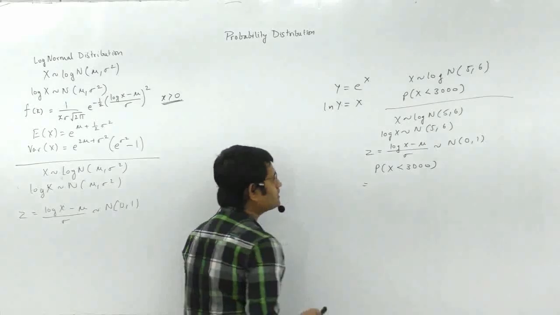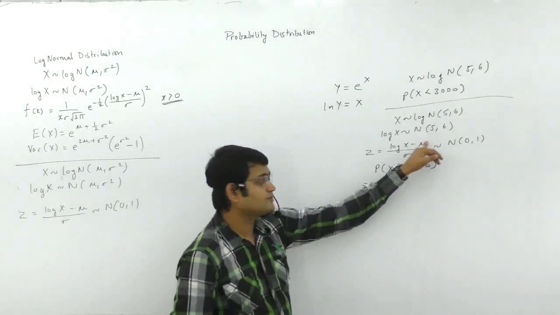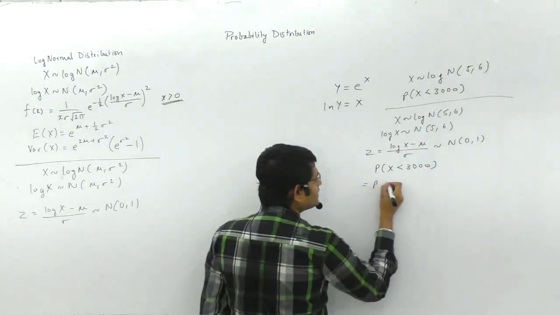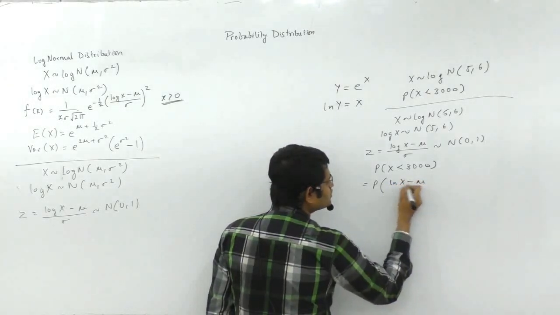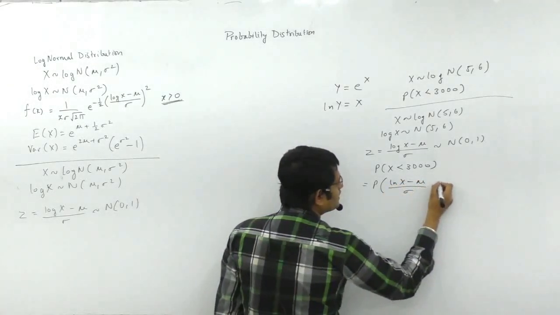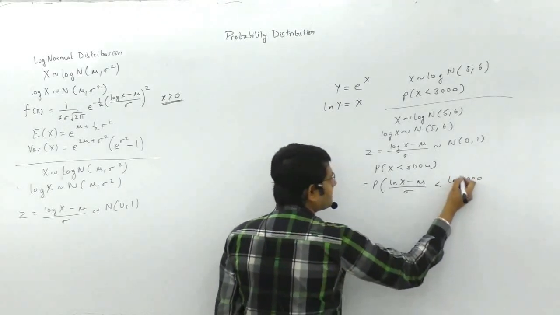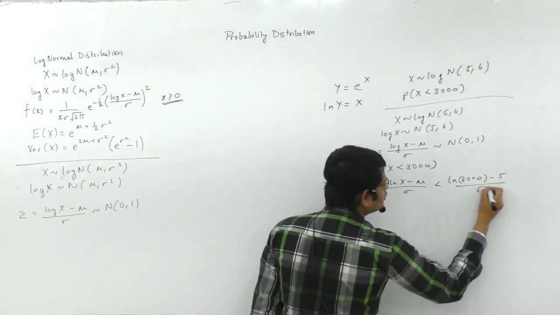Then we'll have probability x less than 3000. Now we'll have to convert this into standard normal. First take log, subtract mu and then divide by sigma, or I can directly write it as probability of (ln x minus mu upon sigma) less than (ln of 3000 minus 5 upon root 6).